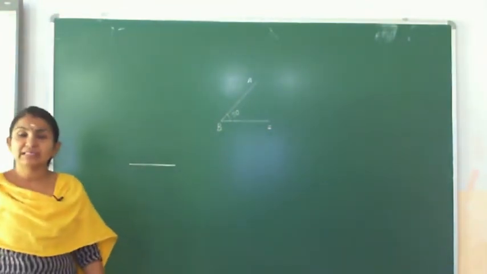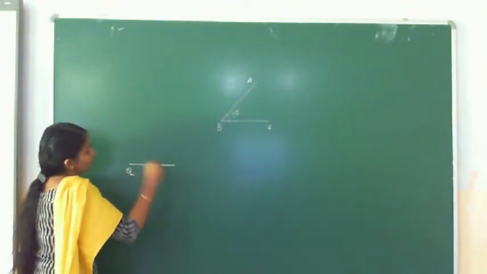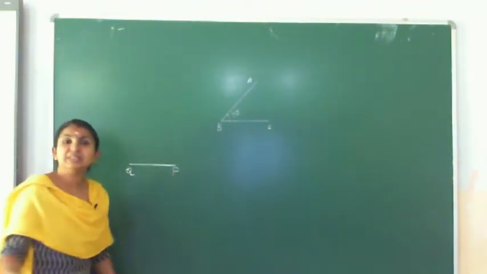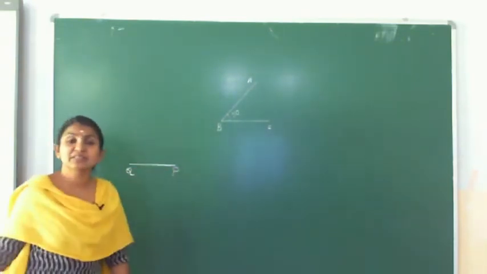After drawing the line segment, I am just going to name it QP. It is up to you which name you want to give. So, the line segment is ready.